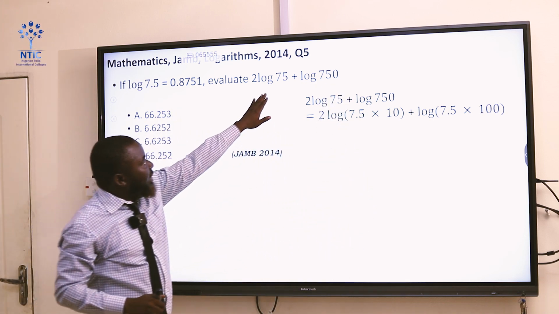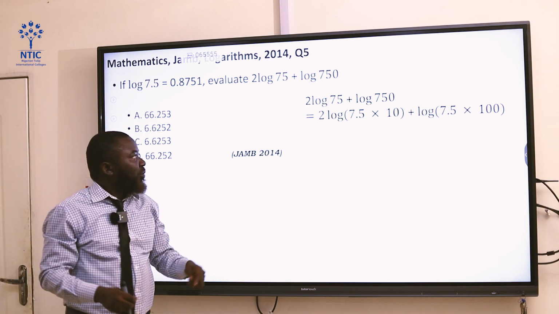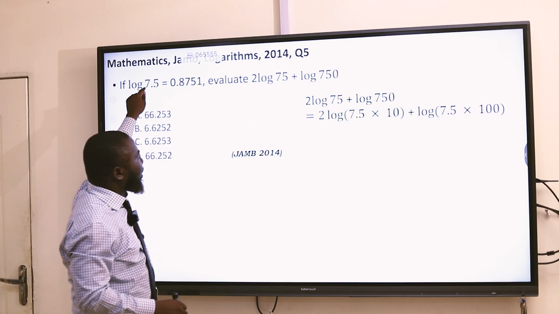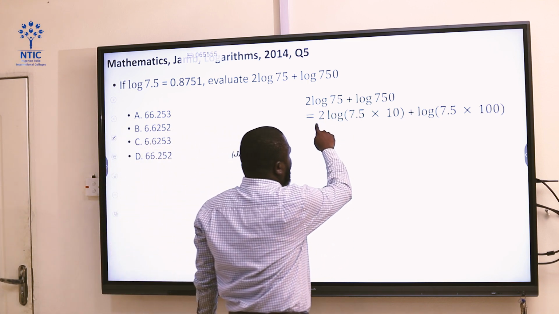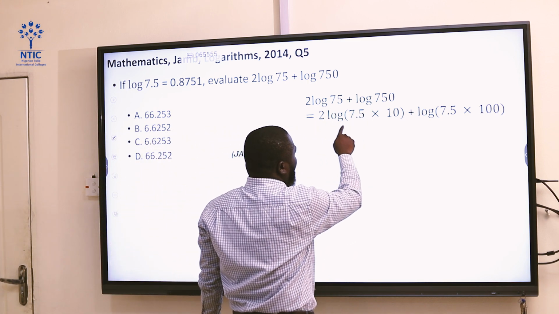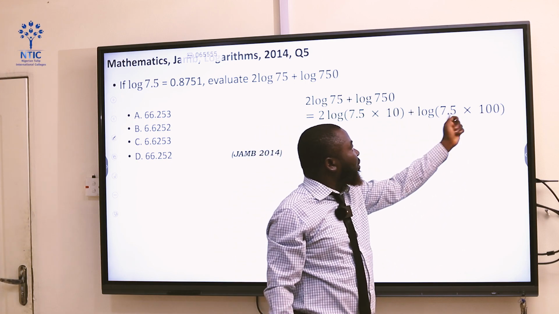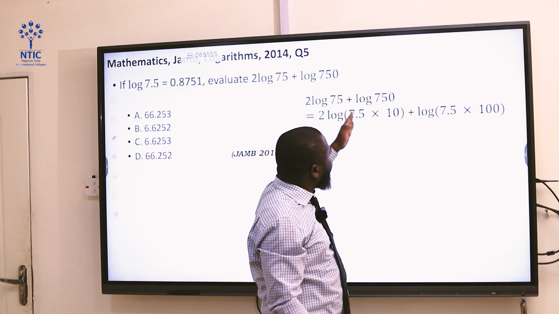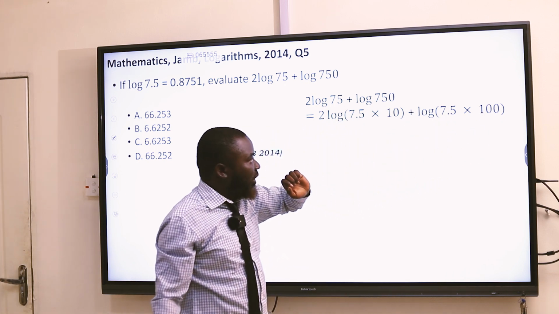You'll be able to get 75 from 7.5 if you multiply it by 10, and then 750 from 7.5 if you multiply it by 100. So for that, we have to rewrite our question like this: 2 log 7.5 times 10 plus log 7.5 times 100.